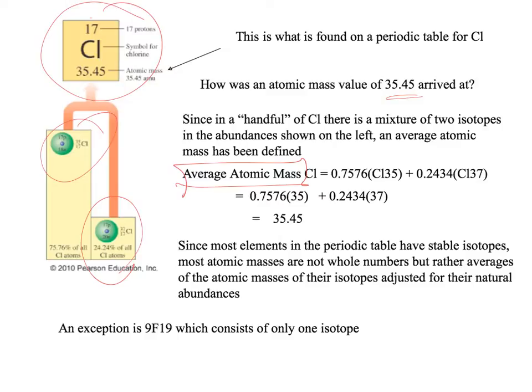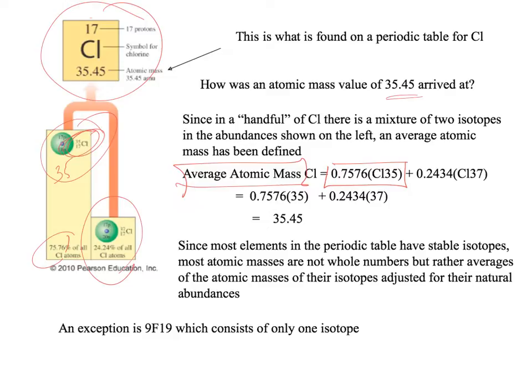So for instance, this is chlorine 35. Chlorine 35 is found about 76% of the time. So about 76% of all chlorine atoms on the planet have a mass of 35. That's where this info comes into play.